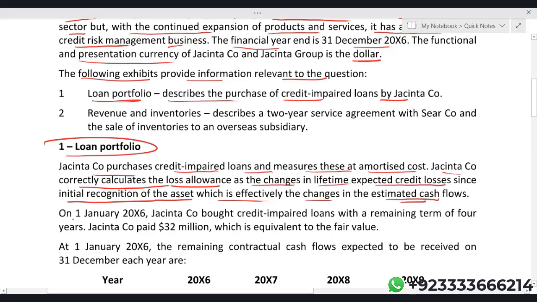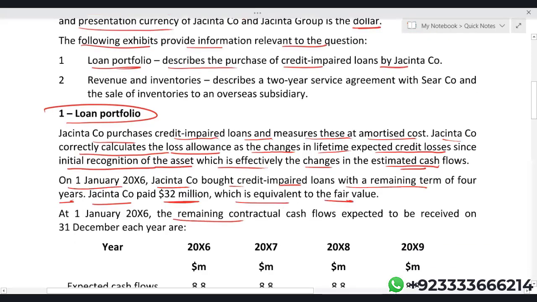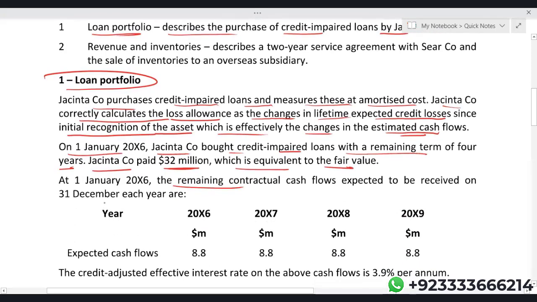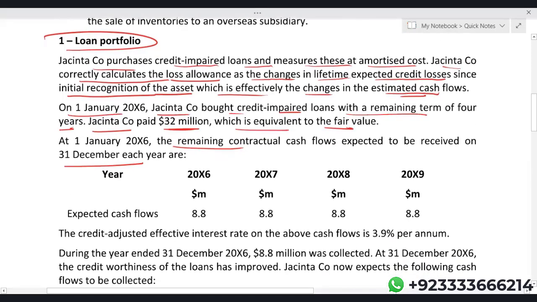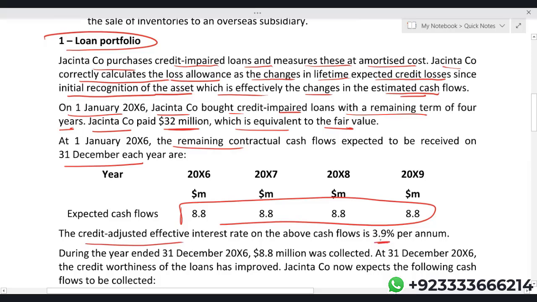On January X6, Jacinta Company bought credit impaired loans with a remaining term of 4 years. Jacinta Company paid 32 million, which is equivalent to the fair value. So you can say their investment is 32 million. On January X6, the remaining contractual cash flows are expected to be received on December each year. The credit adjusted effective interest rate is 3.9%.